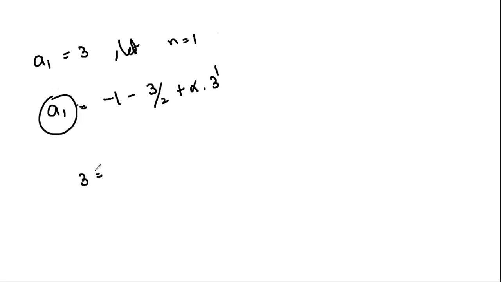Substitute the value and let n be equal to 1. So a1 is equal to minus 1 minus 3 by 2 plus alpha into 3 power 1. a1 is also given as 3, so 3 is equal to minus 1 minus 3 by 2 plus alpha into 3. If we solve this equation for alpha, the value will be 11 by 6. So we have obtained the alpha value.